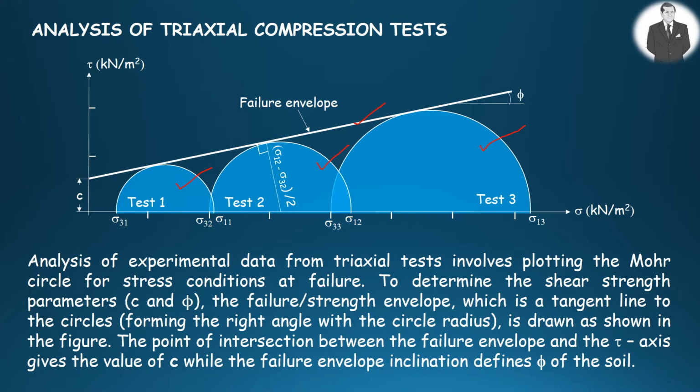The point of intersection between the failure envelope and the tau axis, which is the vertical axis, gives the value of cohesion intercept, while the failure envelope inclination defines the internal friction angle of soil.